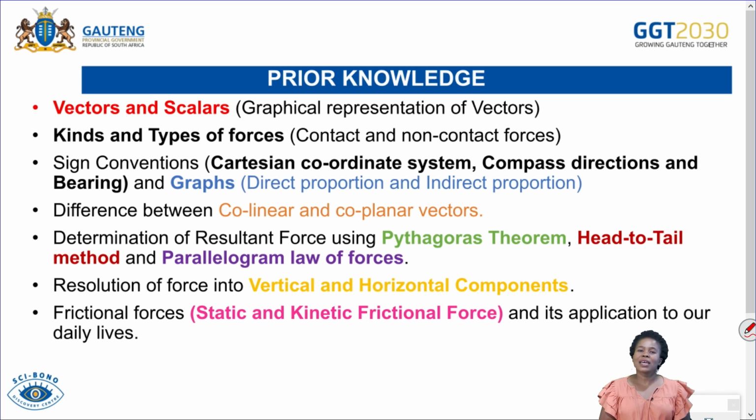Whether it is a static frictional force or a kinetic frictional force, we should know how to calculate it and also apply it in our daily lives, knowing the importance of frictional force in our daily lives. Okay, so this is the prior knowledge that by now we do know. From the previous lessons that we've done, we've covered each in detail, but today we're just looking at the past question papers.